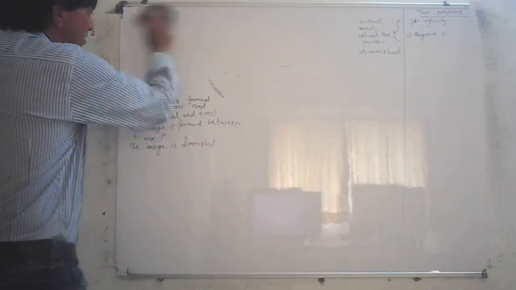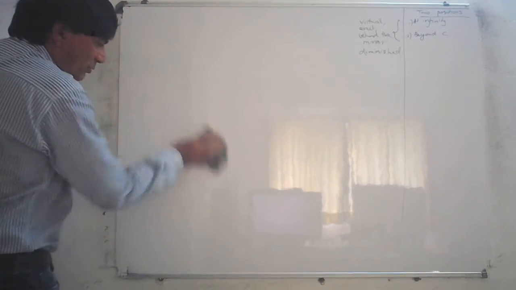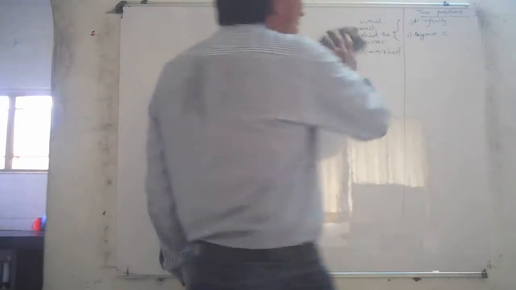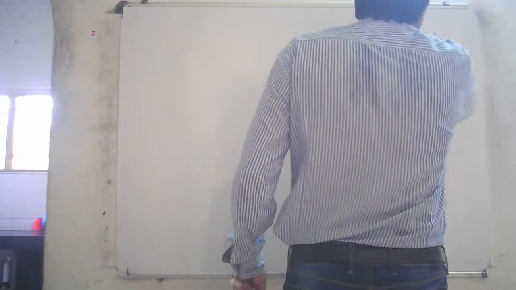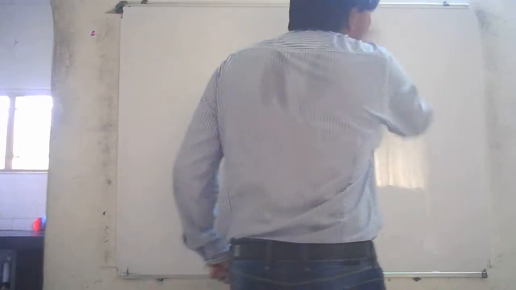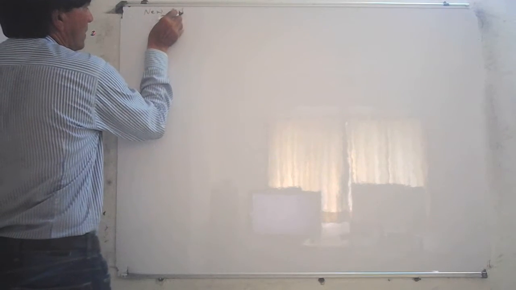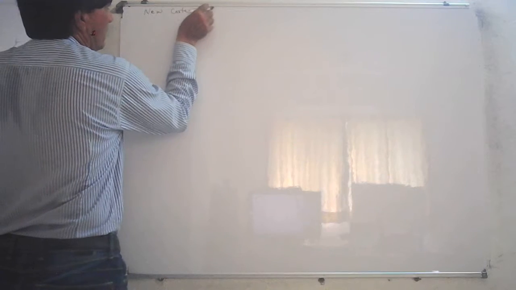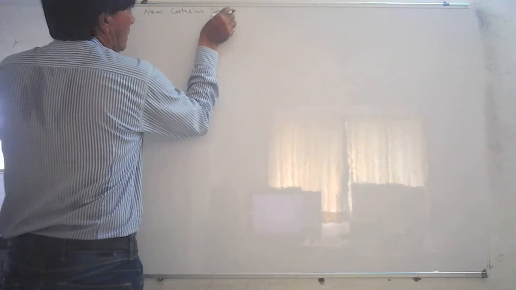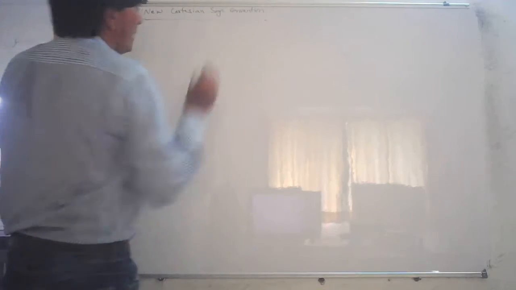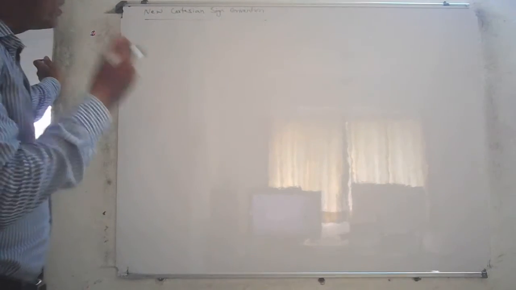Let's see what Cartesian sign convention actually means. Cartesian sign convention, you have studied graphs. A graph paper is called a Cartesian paper or a Cartesian plane. Now, what is a Cartesian plane?